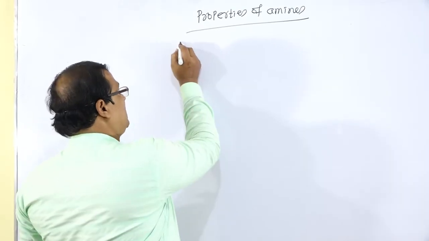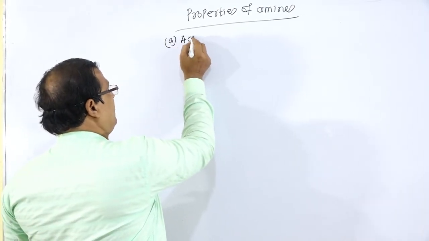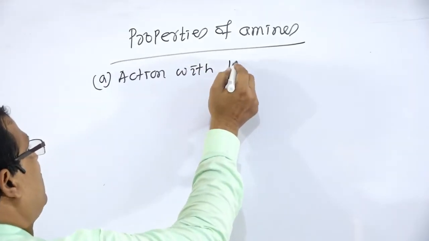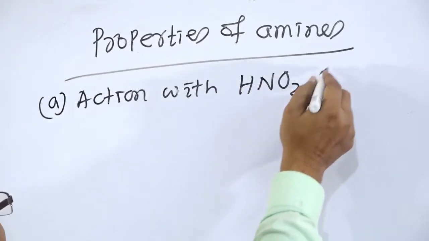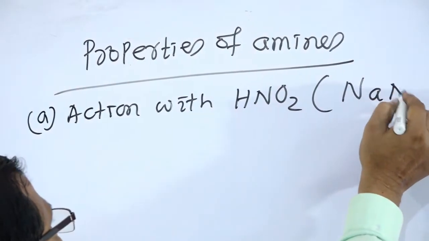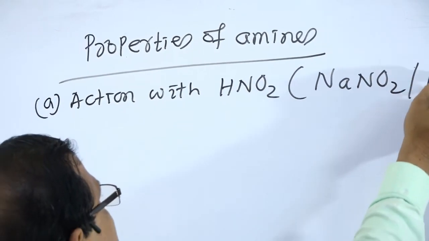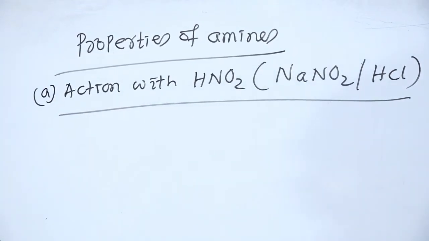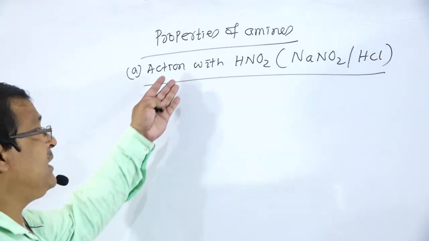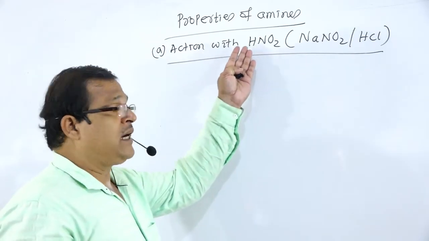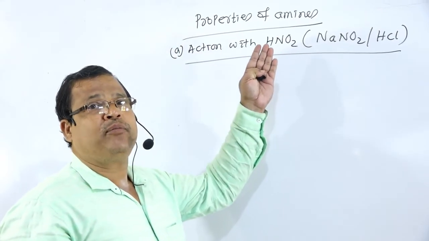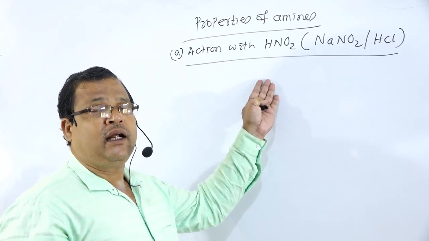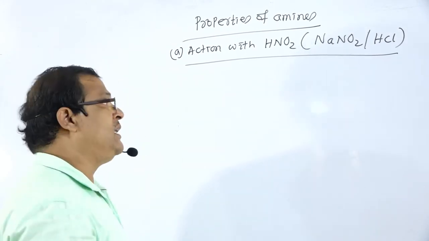The first one is action with nitrous acid, HNO2, that is NaNO2 and HCl. We have to give the reactions of nitrous acid with the primary amine and secondary amine, and also with the tertiary amine.